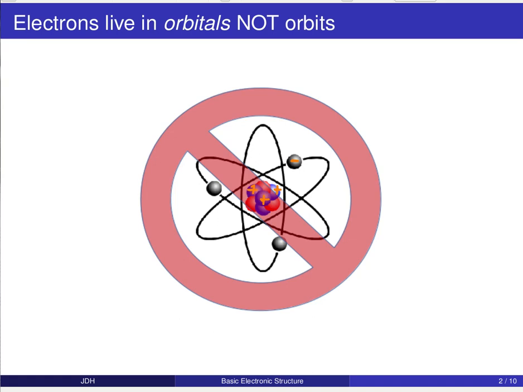In order to properly describe the behavior of electrons around a nucleus, we need to abandon the idea of orbits and look at this concept of orbitals, which essentially describe the electrons as existing in these smeared out regions of space around the nucleus that define the probability of finding the electrons in a given region.